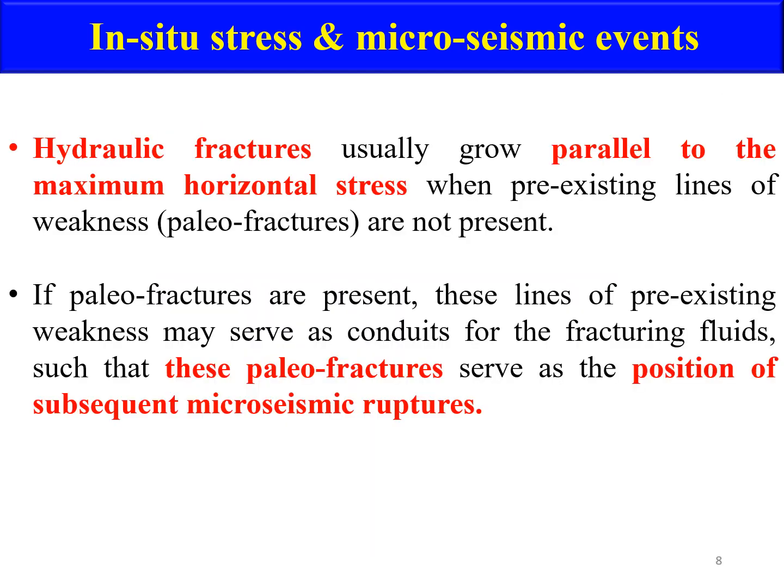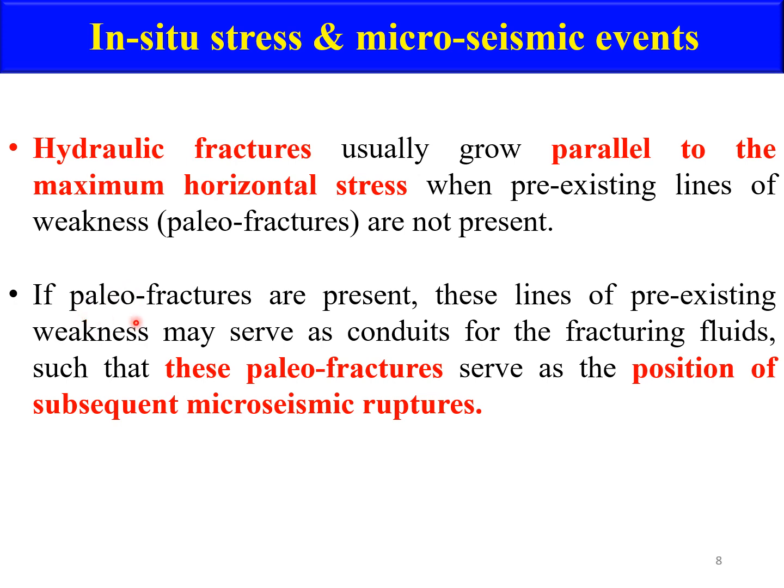There are two factors that affect the growth of hydraulic fractures: the maximum horizontal stress and the paleo fractures. The hydraulic fractures usually grow parallel to the maximum horizontal stress when pre-existing lines of weakness are not present.